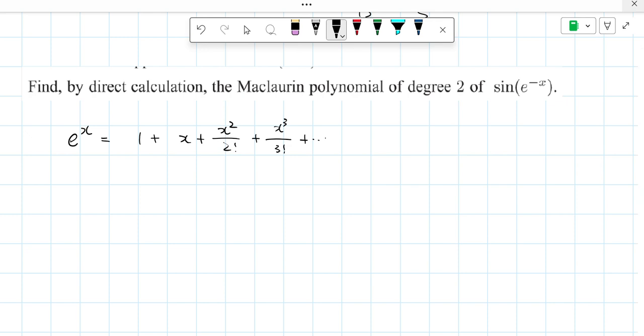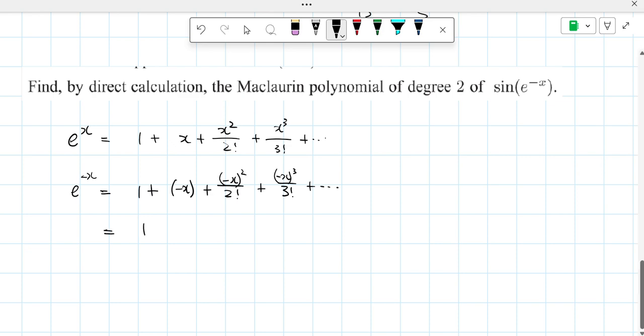The first task is extremely simple, so I'll do it, and then I'll leave the hard one for you. Then, if I know that e to the power of x is that, how do I find the Maclaurin series of e to the power of negative x? It's so easy, so I'll do it myself. I'm just going to replace every x with negative x, which I can then expand.